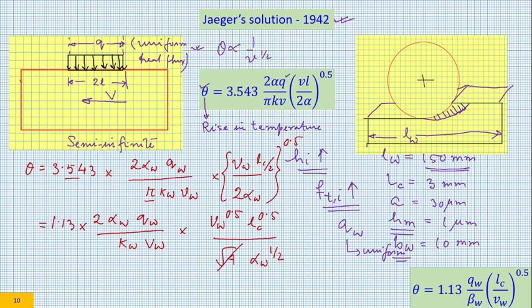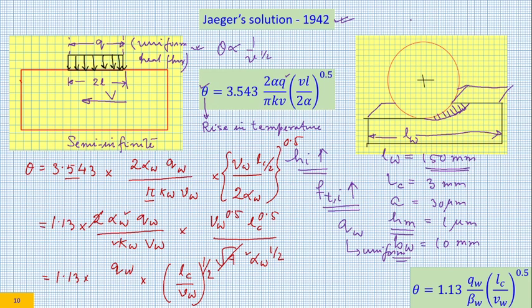So this square root of 4 will cancel out. This will become 1.13 into this LC and this VW, and this combination will give you this one. This QW will stay here, and now we are stuck with this member, and this member.